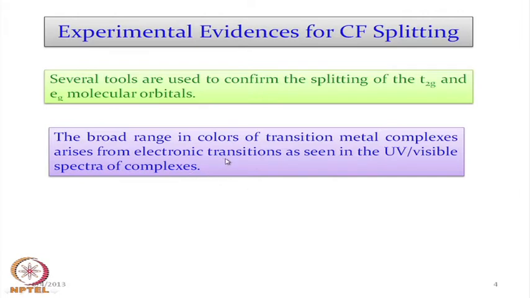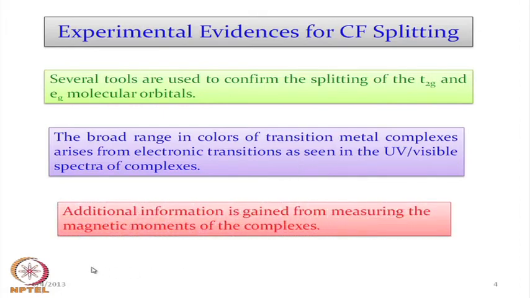So this can also give rise to the corresponding splitting pattern, and if crystal field splitting is operating, then only we have the corresponding d-d transitions. So the direct experimental proof for the presence of the crystal field is the observation of the corresponding d-d transitions.